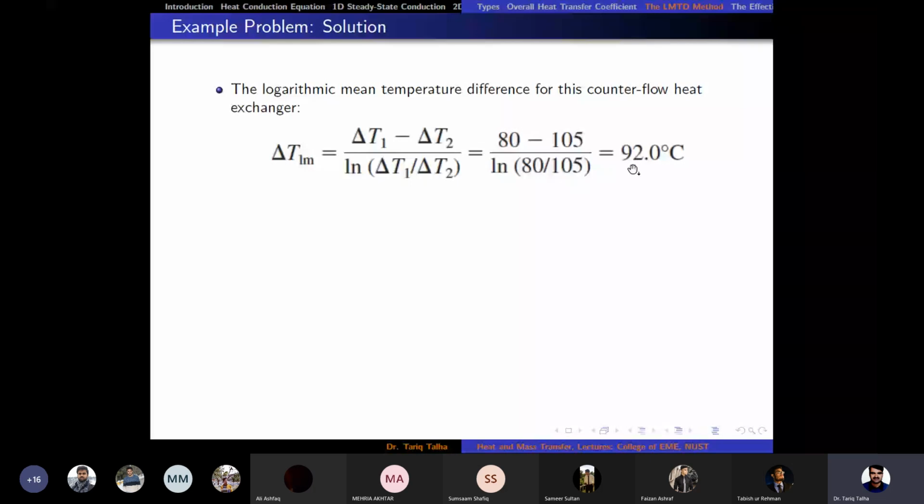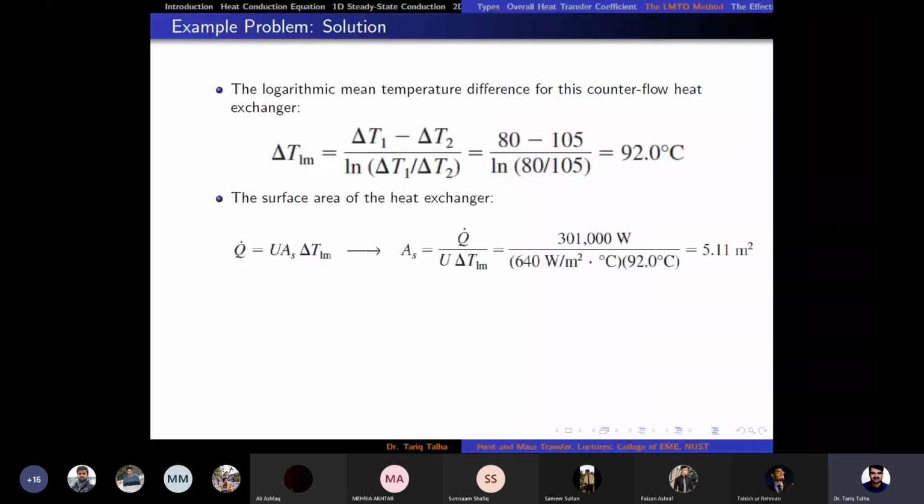Now we can calculate Q dot equal to U AS delta T logarithmic, and because we know all other quantities, we can find the value of AS, which would be Q dot upon U into delta T log mean.